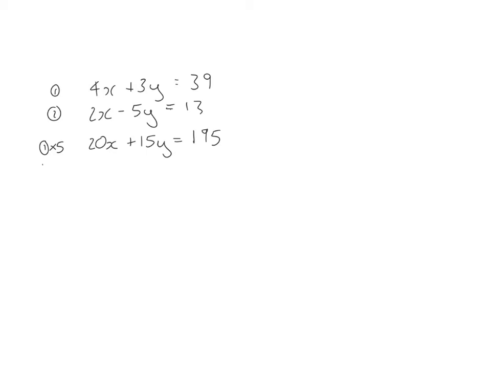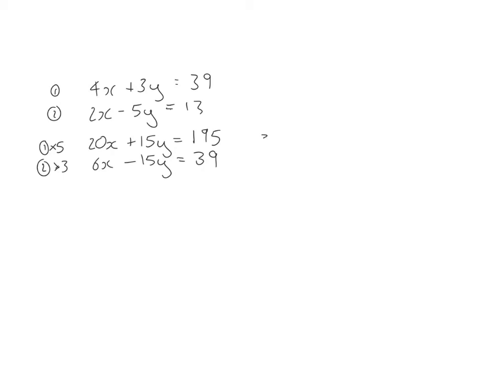And then for equation 2, I'm going to multiply it by 3. So we're going to get 6x minus 15y equals, multiplied by 3, 39.